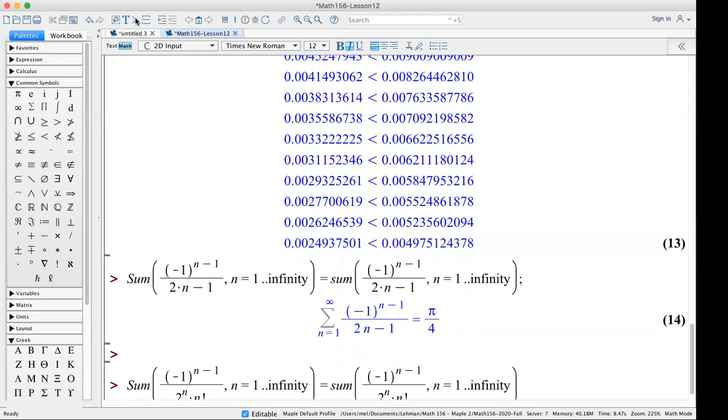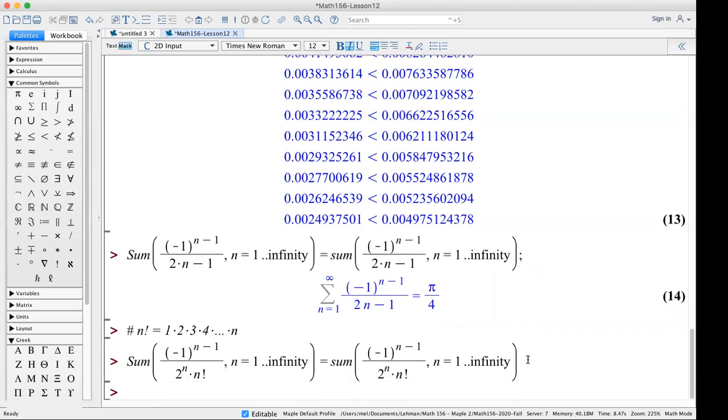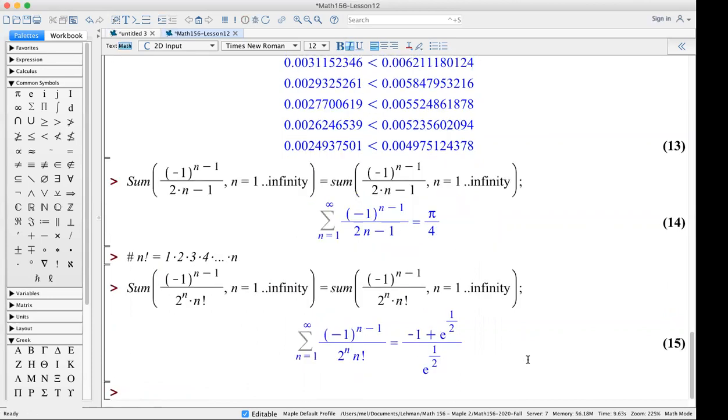I should remind you that n factorial is the product of the integers from 1 to n. That's what this is equal to. That's curious.